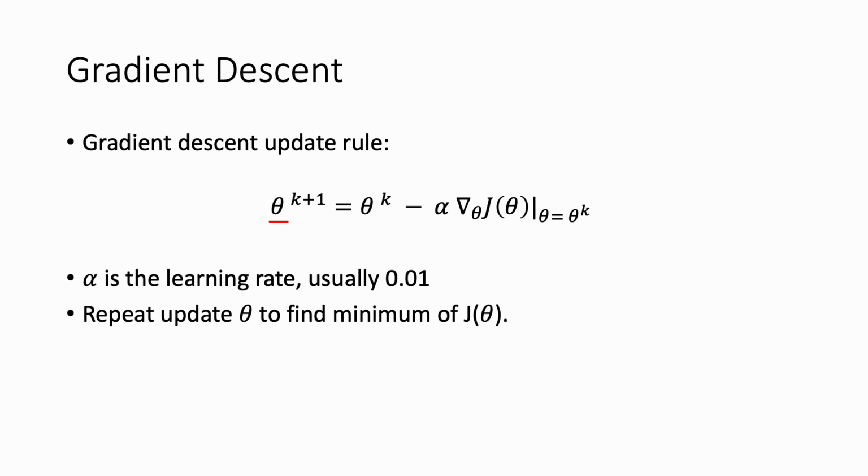The algorithm repeats updating theta to find the minimum of C of theta, the point at which C of theta is minimum.